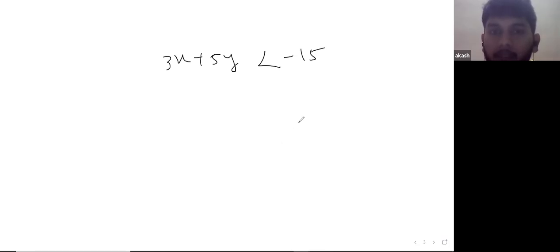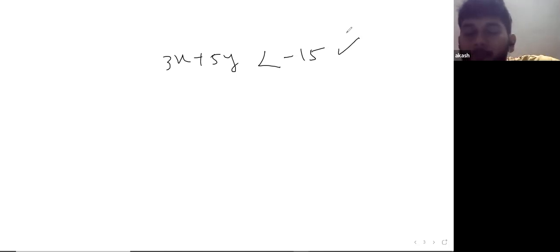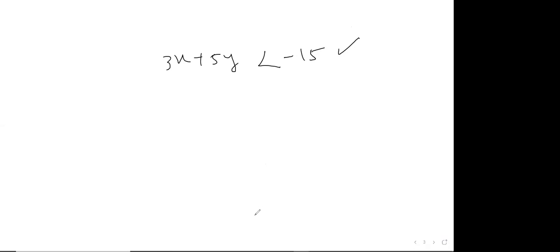We are putting the value of origin in this equation. And if the equation becomes true, then we take the part which contains the origin. If it is not true, then the other side is the solution. All right.